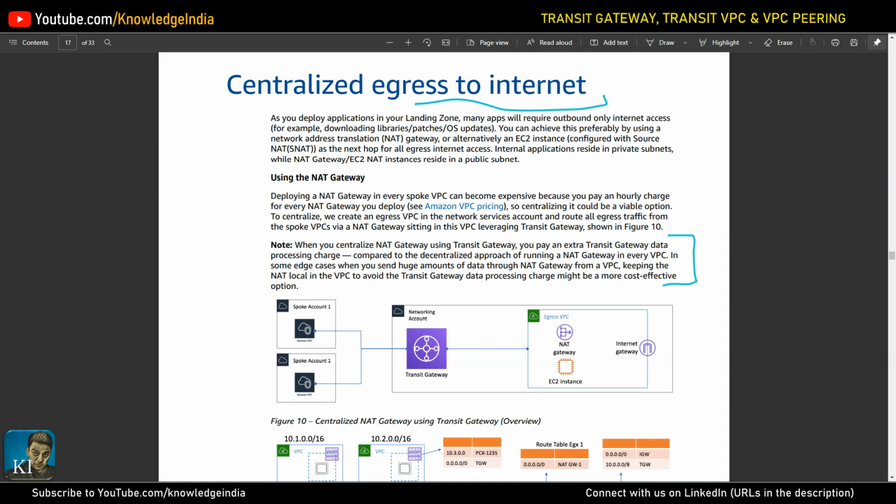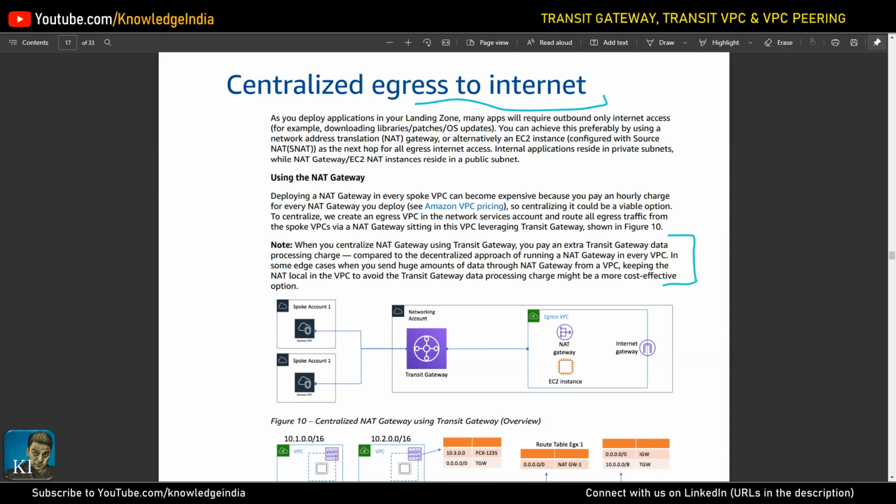So instead of creating like 5 or 10 NAT gateways, like basically a NAT gateway in every VPC, what you could do is you can make use of Transit Gateway and send the internet bound traffic from all the VPCs to a central VPC, and from there you can send it out.